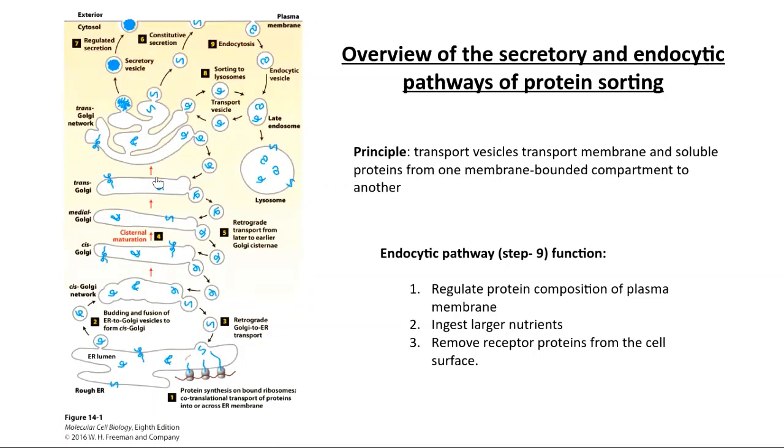In protein trafficking, the ER walls can bud off, forming smaller vesicles that resemble the ER itself, a smaller version of the ER.